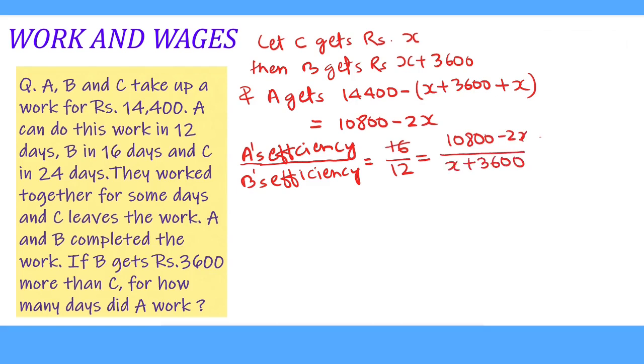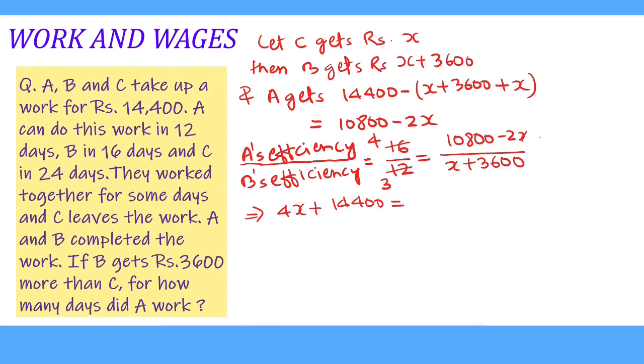4 cancels 16 for 4 times and 4 cancels 12 for 3 times. By cross multiplication we get 4 multiplied by x is 4x and 4 multiplied by 3,600 equals 14,400.